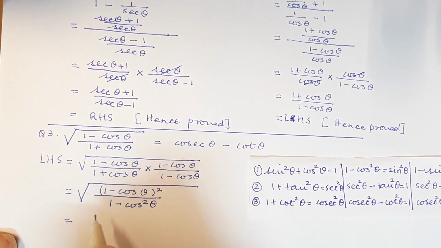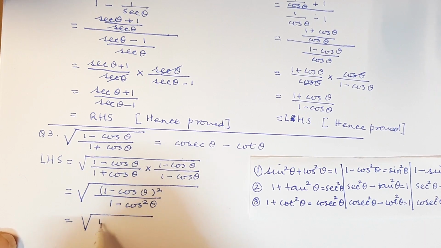Here. And so I will write under root (1 minus cos theta) whole square upon sine square theta. Correct?